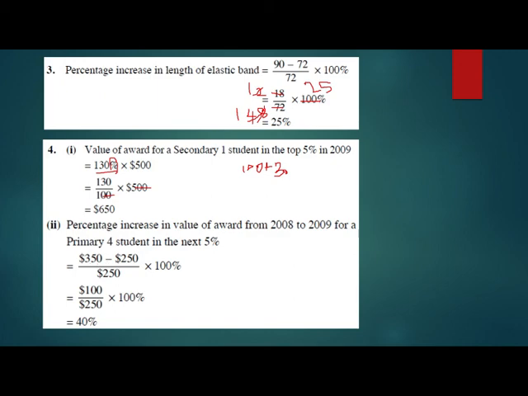You have to subtract the old value, which was in 2008, $250. Simply divide by the old value, and you will get 100 upon 250. You can do the calculation by cutting. I'm cutting this one 0, and then 25 fours are 100. Simply multiply 4 by 10, you will get 40%.